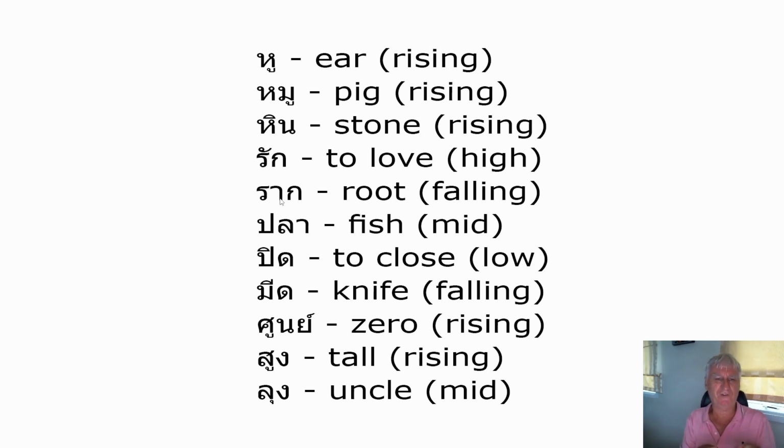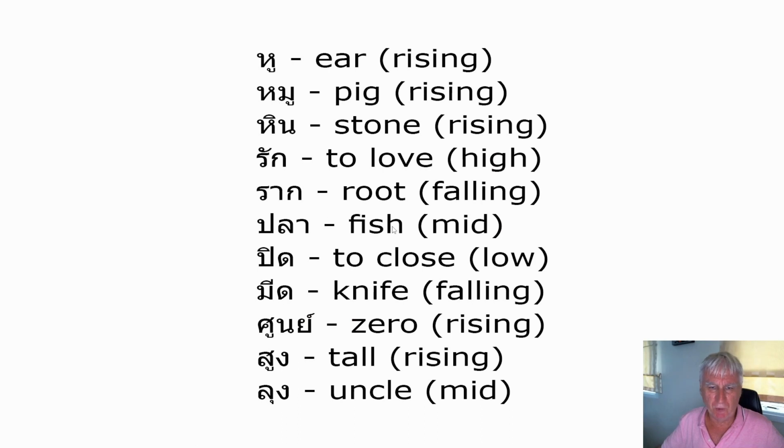So low class initial consonant, dead syllable, long vowel, gives a falling tone. So we've got to try to sort of start high and then fall off. Ra, ra. It's difficult actually pronouncing the tone, even when you can work out the tone theory.